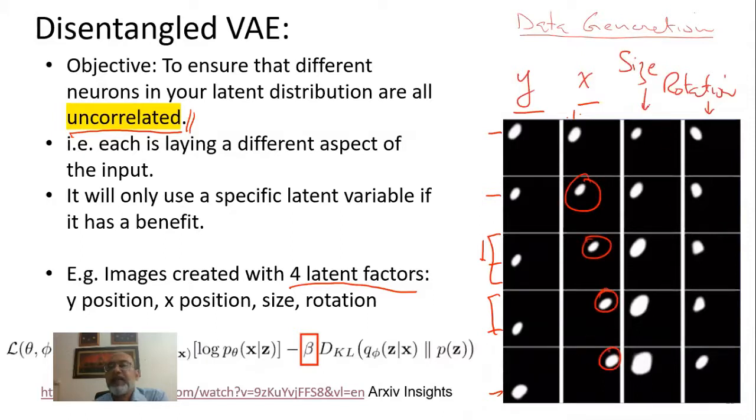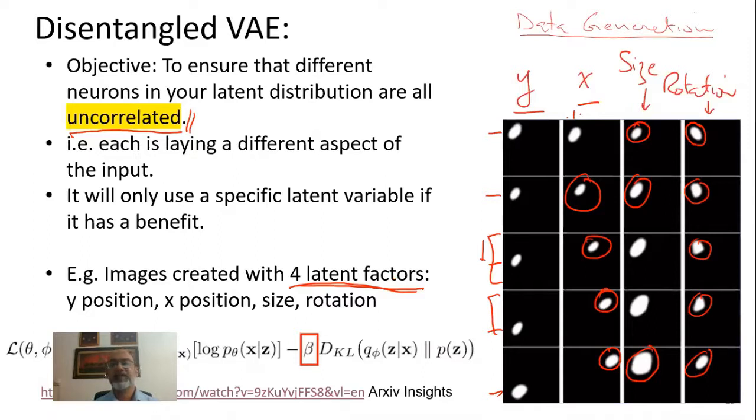Here the size is changing, so the image is becoming bigger and bigger. And this image is also being rotated in a particular direction. So images are being created in which these 4 latent factors are being modified, and we already know what the 4 factors are.